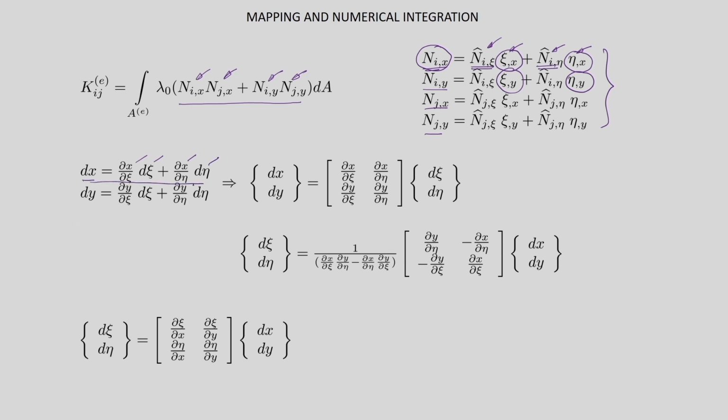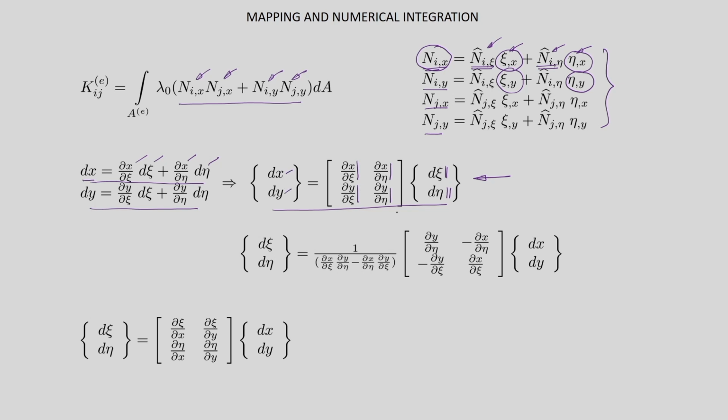So, that is how we wrote it, and dy also we wrote like this, and that gives us the system of equations. So, this is the same equation written in matrix form. So, that gives ∂x/∂ξ dξ, ∂x/∂η dη. Similarly, ∂y/∂ξ dξ, ∂y/∂η dη. So, that gives us dx and dy.